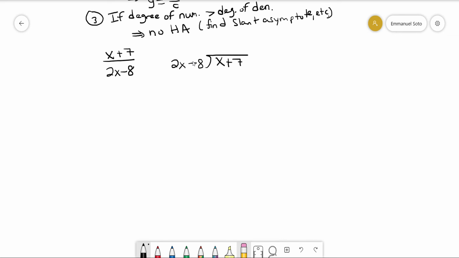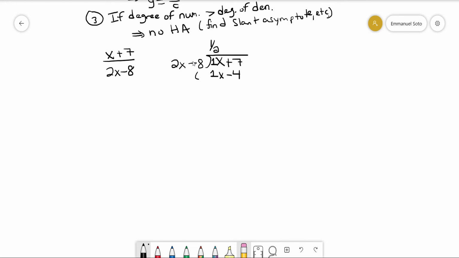So we need to figure out how many times 2 goes into 1. In that case, it's going to be 1/2, because 1/2 times 2 is 1, and there's an invisible 1 right here. Now 1/2 times 2x is 1x. 1/2 times -8 is -4. Now we're going to go ahead and subtract. Since we're subtracting, we can flip the signs here.